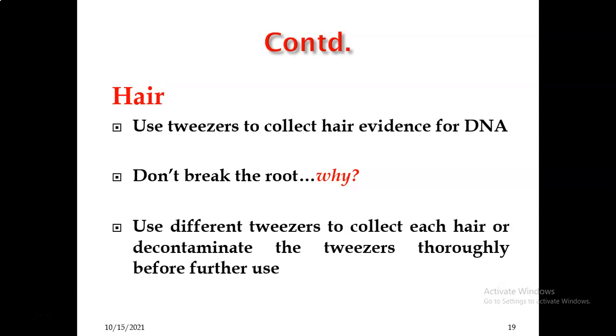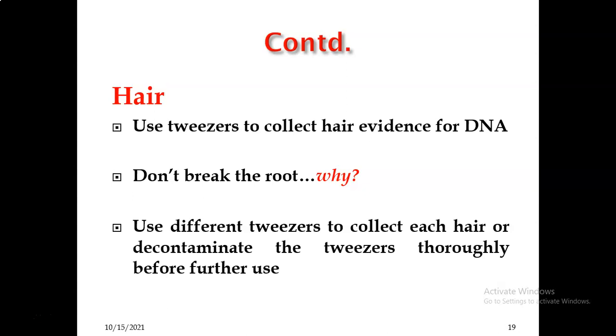Use tweezers to collect hair evidence for DNA. If this hair contains the root, don't break the root. Because if your interest is nuclear DNA, it is the root that contains the nuclear DNA. So make sure the root is intact.